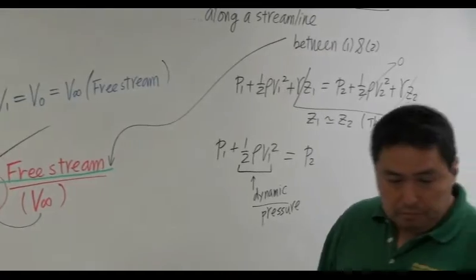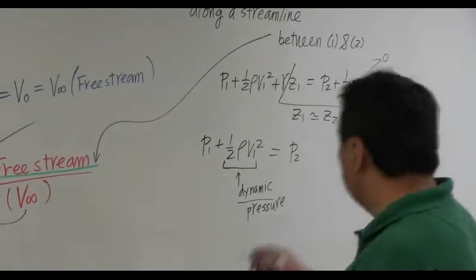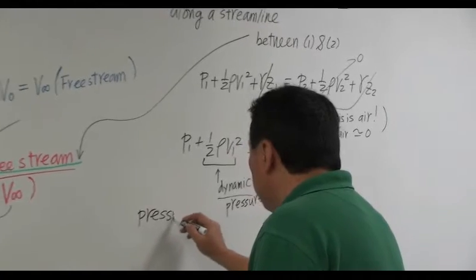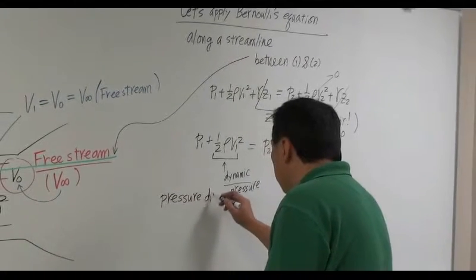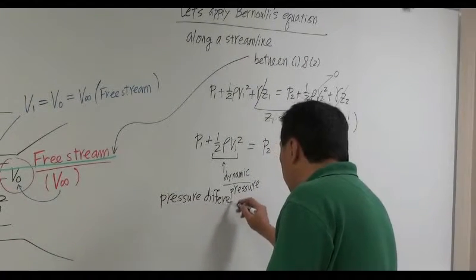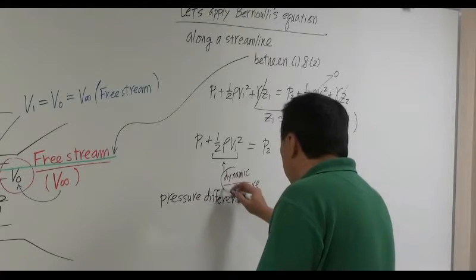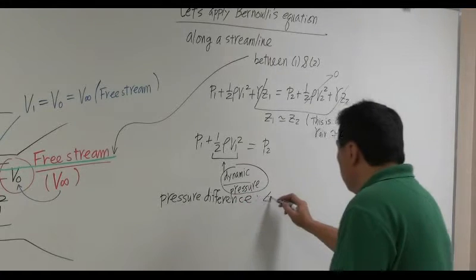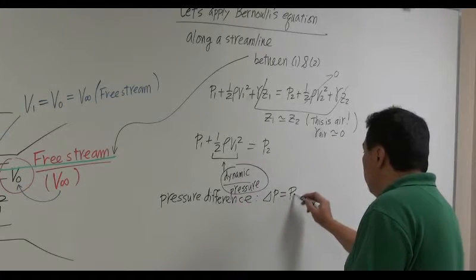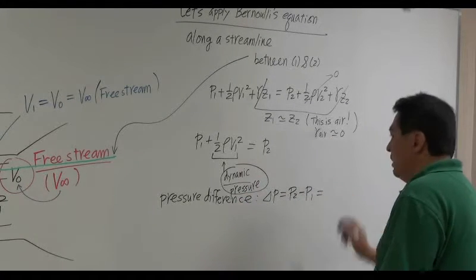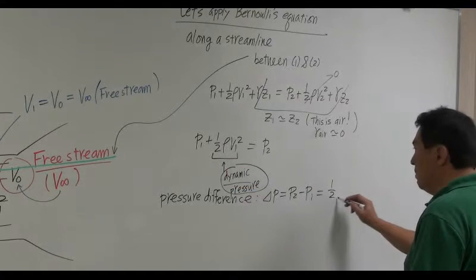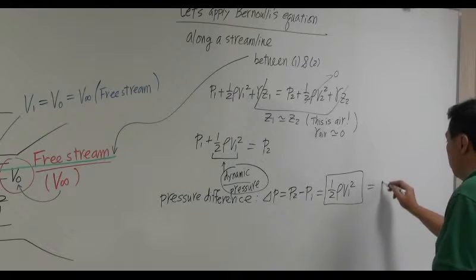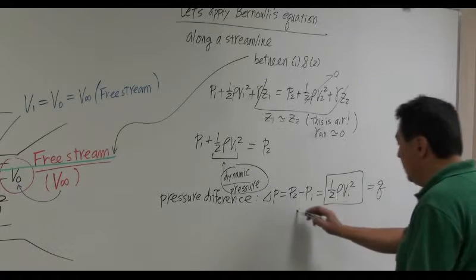So the problem is asking you, what is the pressure difference between point 1 and 2? Pressure difference delta P, which is equal to P2 minus P1, is essentially 1/2 rho V1 squared. This is called q, dynamic pressure.